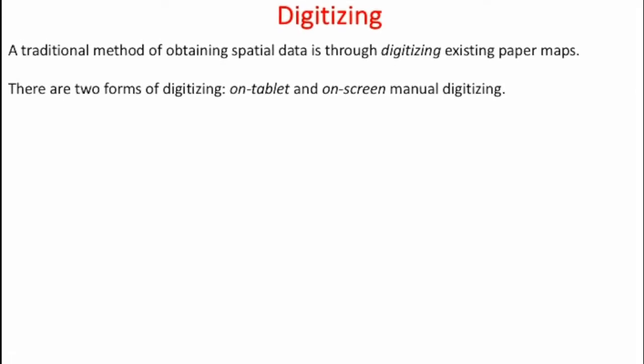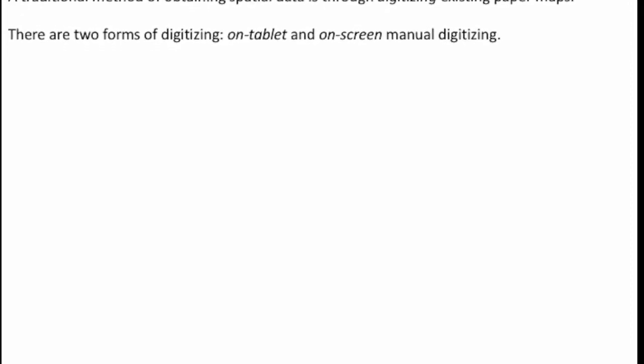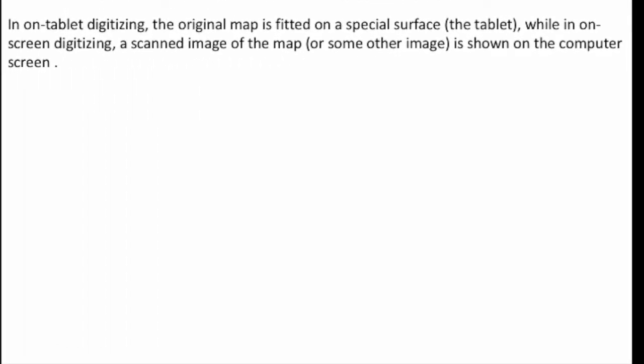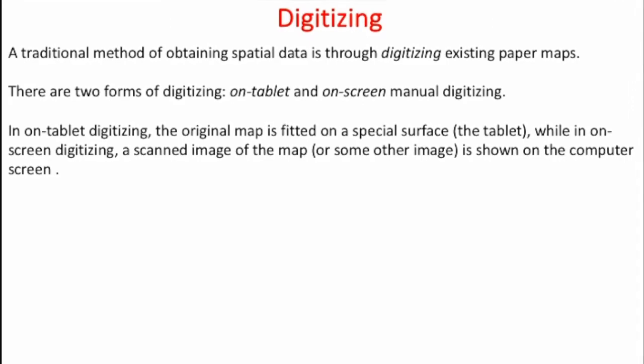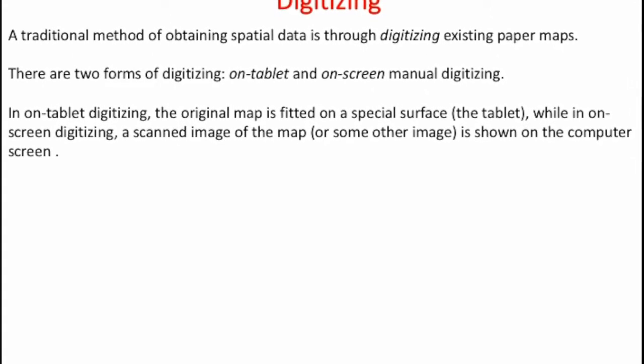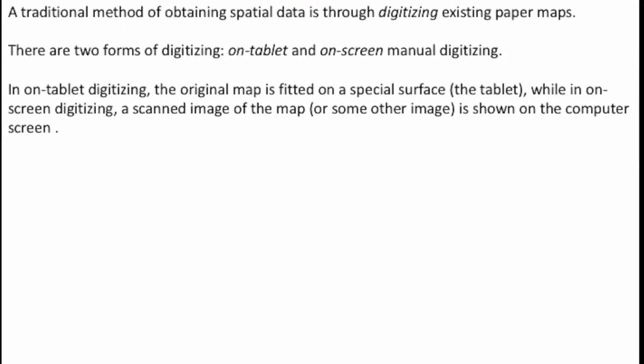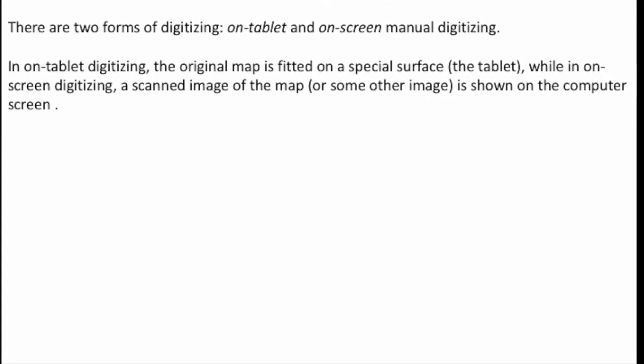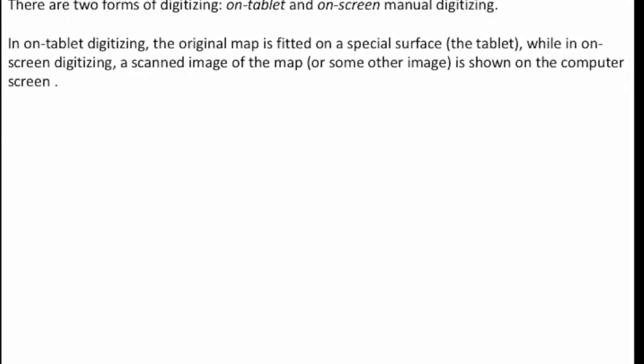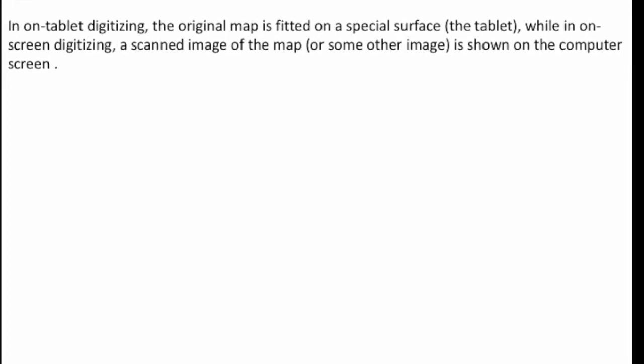There are two forms of digitizing: one on a tablet, and another on screen, and both are manual. In tablet digitizing, the original map is fitted on a spatial surface, the tablet, while in on-screen digitization, a scanned map, which is georeferenced, is projected on a screen.